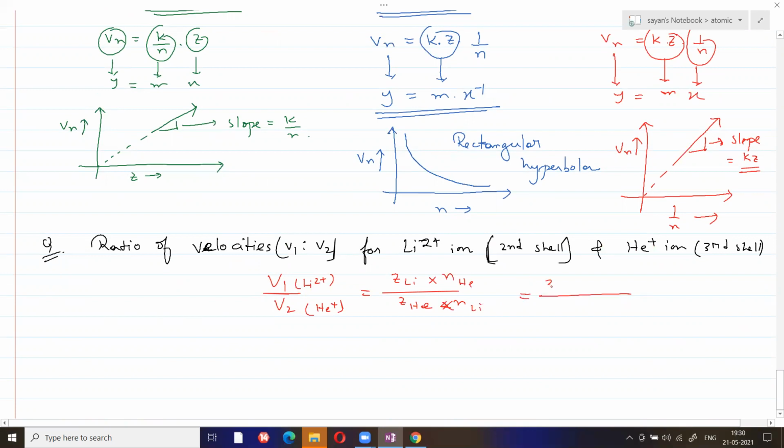Now z for lithium is 3. Helium is 2. For helium, shell number is 3. For lithium, shell number is 2. So that is 9 by 4. Okay. So v1 of lithium 2 plus to v2 of helium plus is 9 by 4. Any doubt regarding this part?